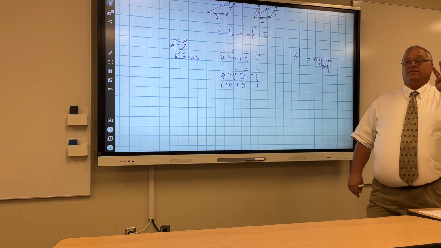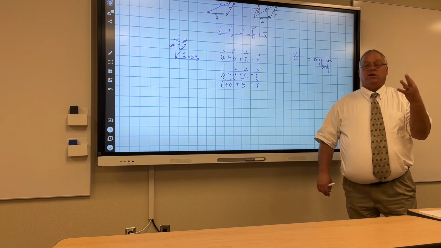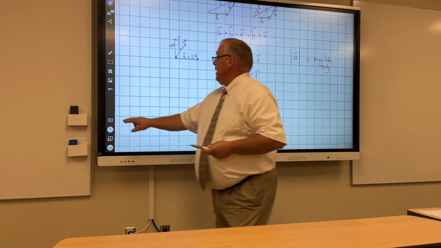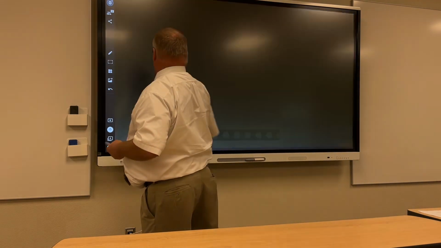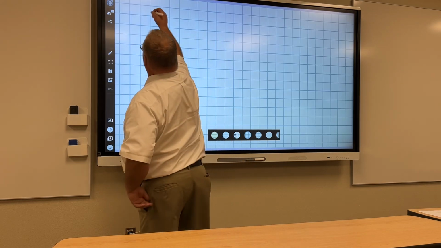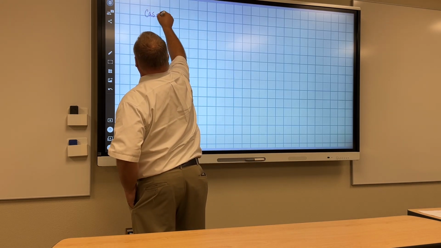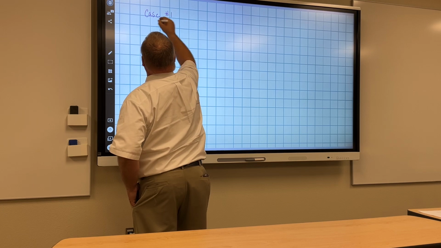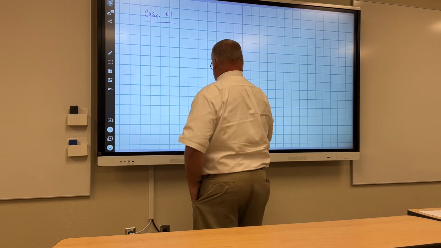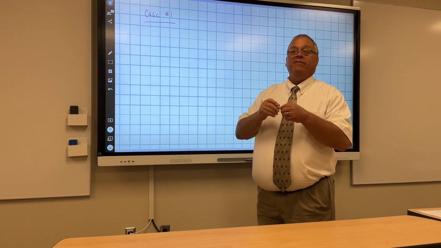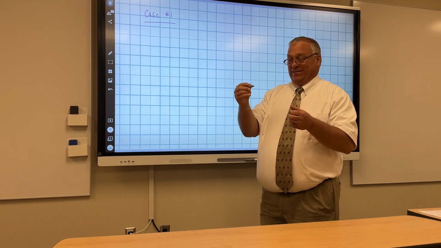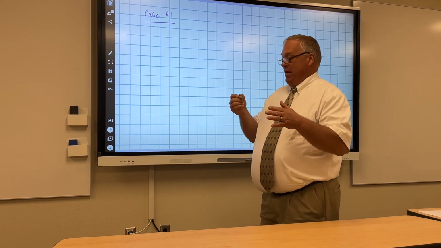There are 4 cases of vector addition, 4 ways we can do vector addition, okay? Case number 1. Now, bear with me. All of the tips on these things are bent, so the line doesn't come out perfectly straight.